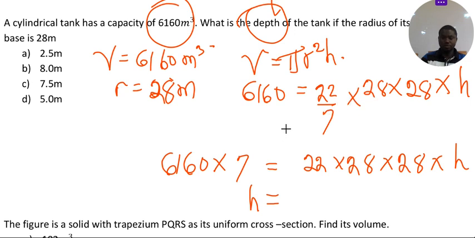We multiply 6160 by 7 and we divide it by 22, 28 and 28. That's 2.5 meters. So the height is 2.5 meters. Just a simple substitution and the answer is out.